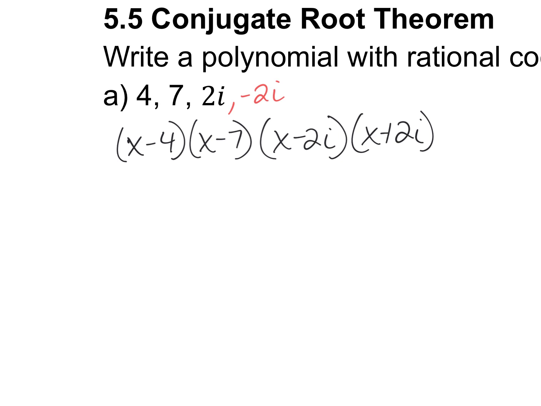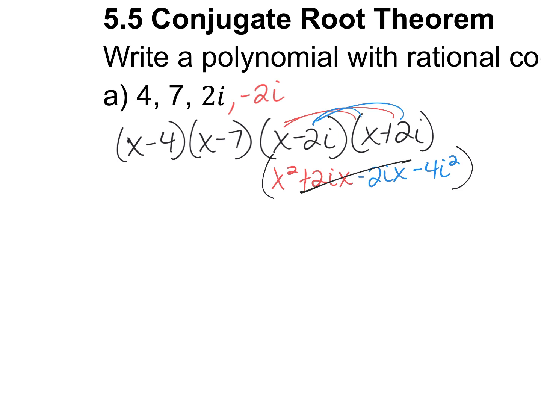Multiply your i's first to get rid of those. So this would be x squared plus 2ix minus 2ix minus 4i squared. Okay, so now let's clean this up. This cancels.